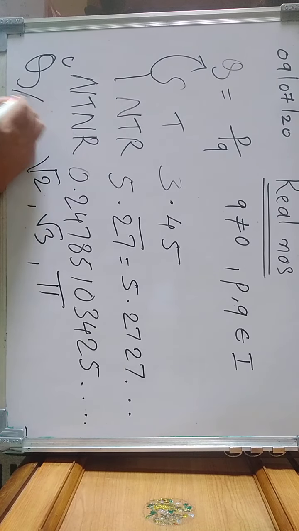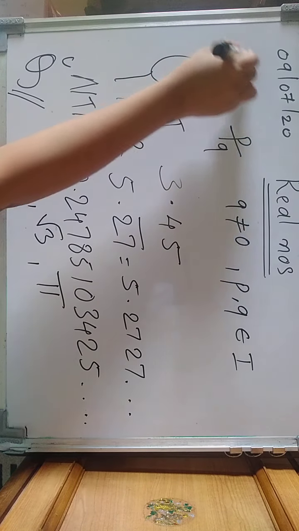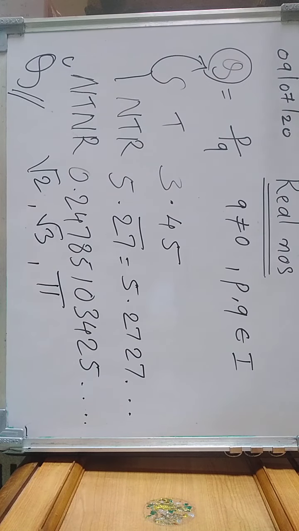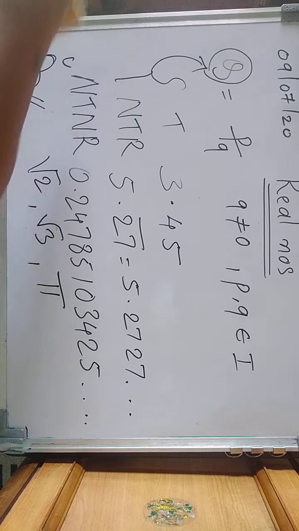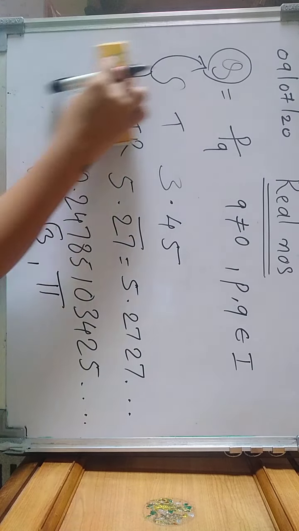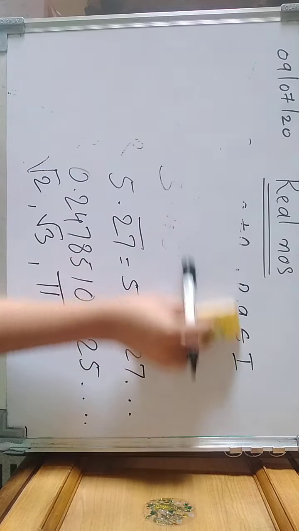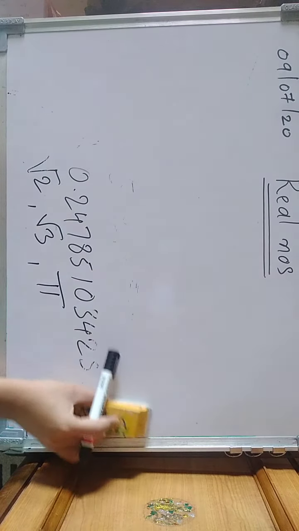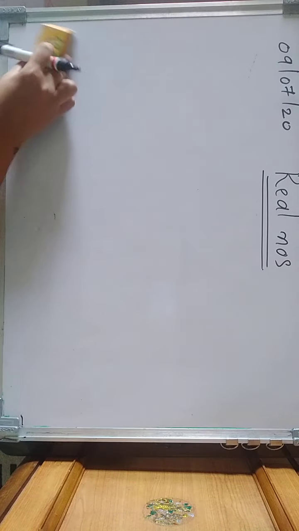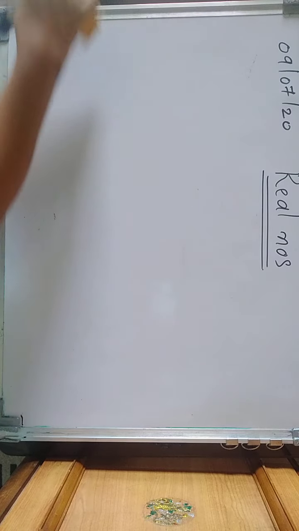The symbol is Q complement. The symbol for rational numbers is Q. So Q and Q complement together form the family of real numbers.